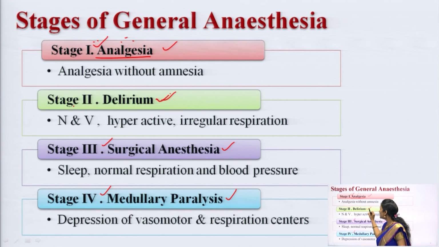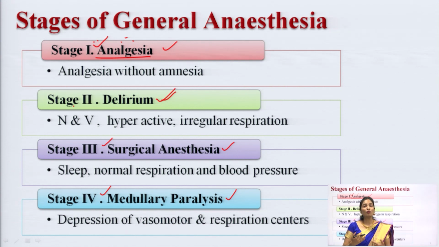And the second one is the delirium stage, or you can call it the excitement stage. Why is it called a stage of excitement? Because when the person enters stage 2 after completion of stage 1, the person gets excited, can shout, and can induce vomiting.